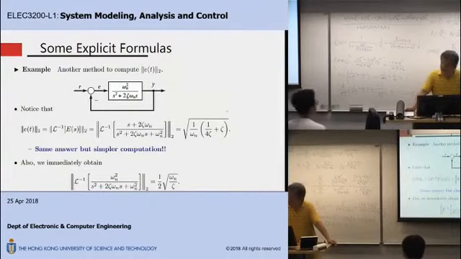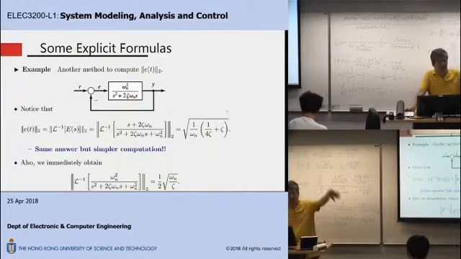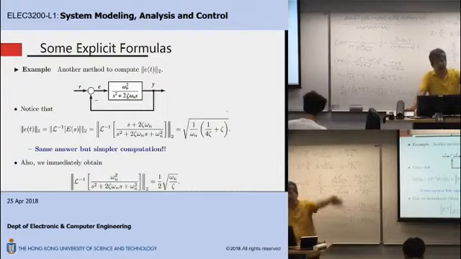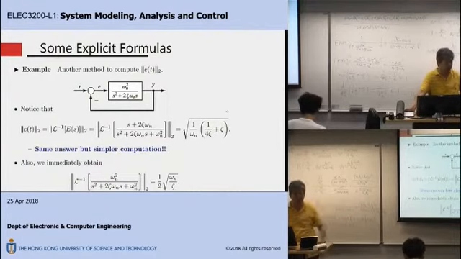Chapter 4 is on time domain analysis. When we do time domain analysis, we need to do the transient analysis and the steady state analysis rather separately. Transient analysis means you don't want to see overshoot or undershoot.